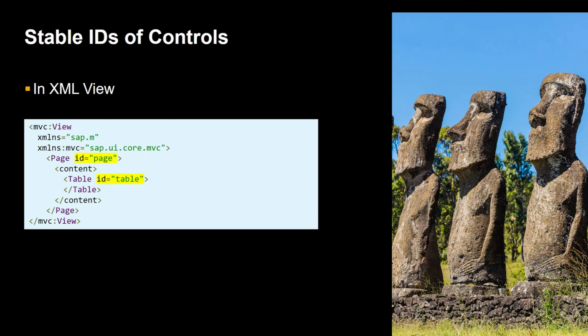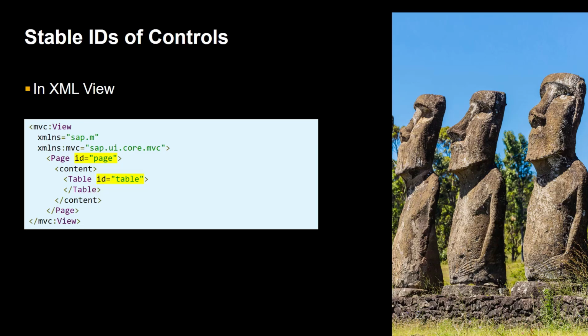So, continue. Okay, where to define those stable IDs? For all UI5 controls except XML views, we simply define the ID in the view. Don't use JavaScript code or JavaScript views because they don't follow the MVC, model view controller, concept.